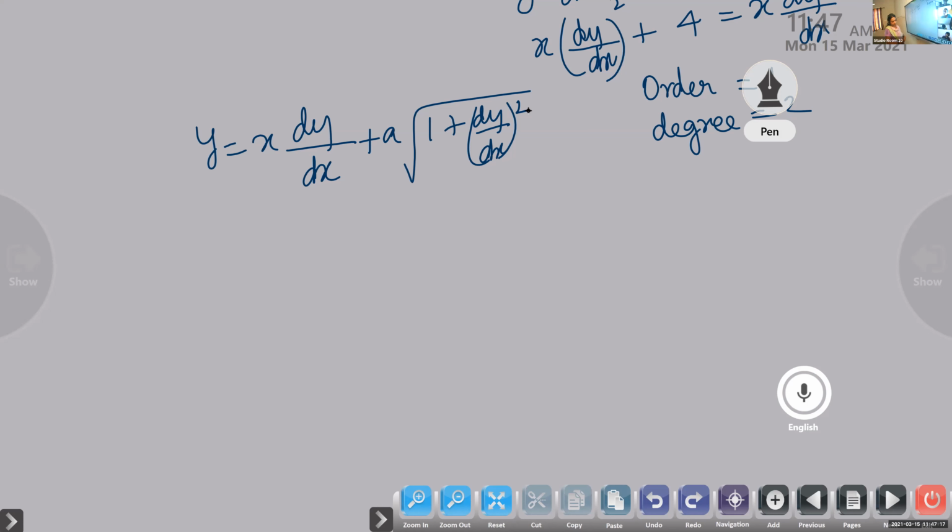What is the order and what is the degree? Degree is 2. What about order? First we fix the order and then we will be able to give the degree. What is the order here? Order 3?